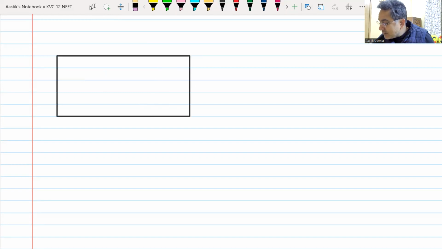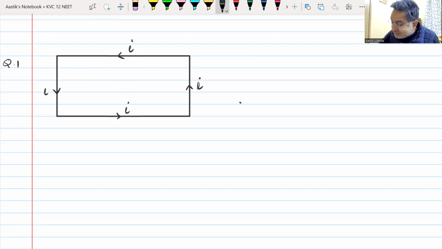Let us say I have in this question a rectangular loop carrying current I. The name of the loop is ABCD, and it is placed in a magnetic field which is going inside.